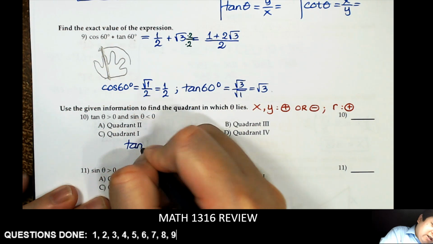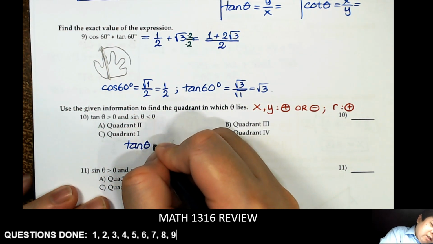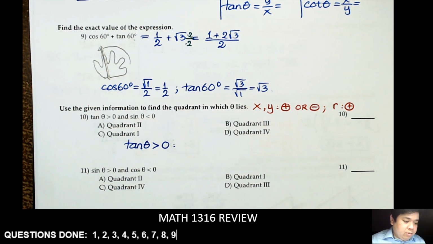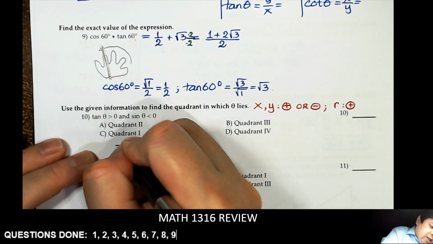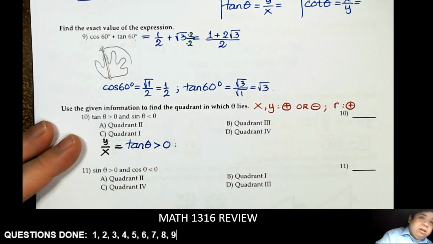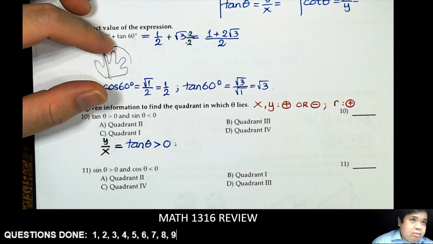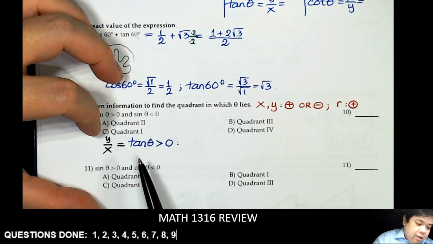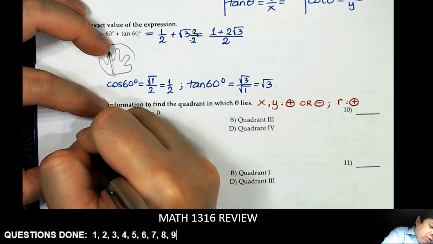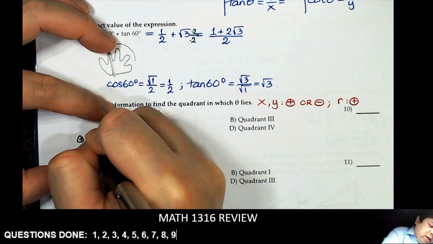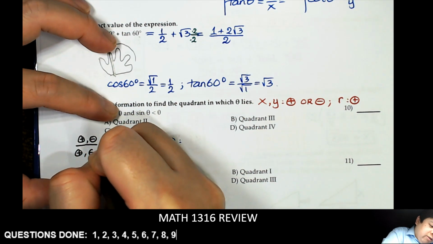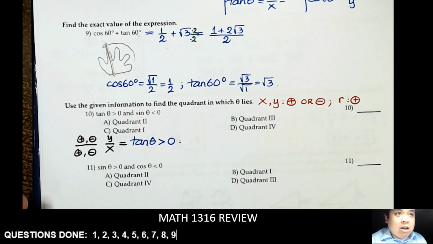Tangent is Y over X, and Y again can be positive or negative, divided by X, also positive or negative. We'll worry about that later.